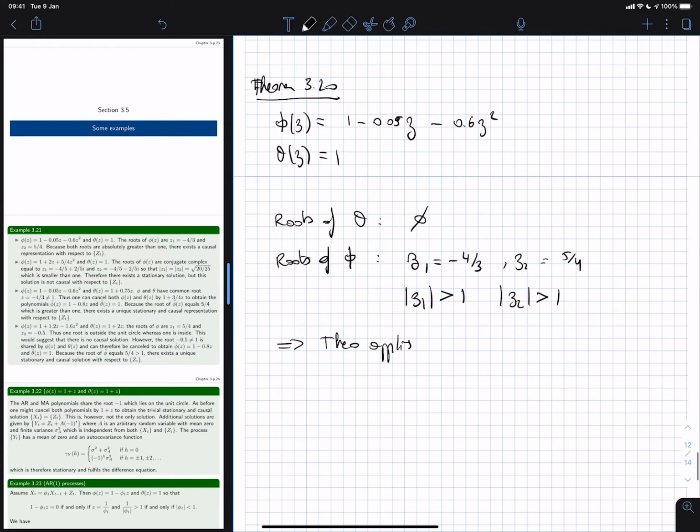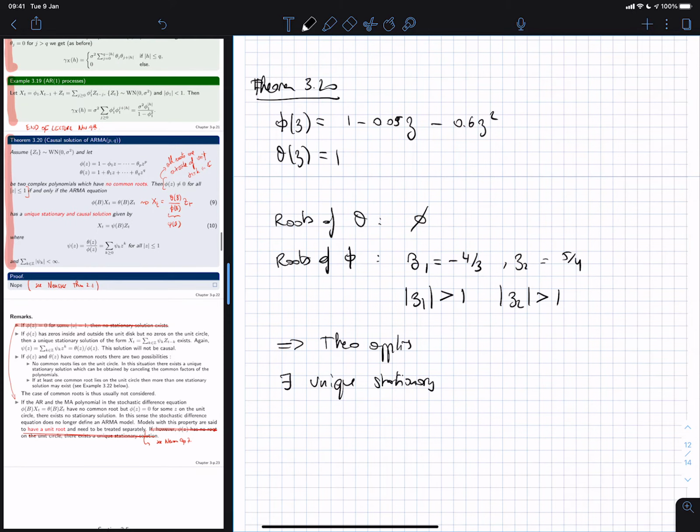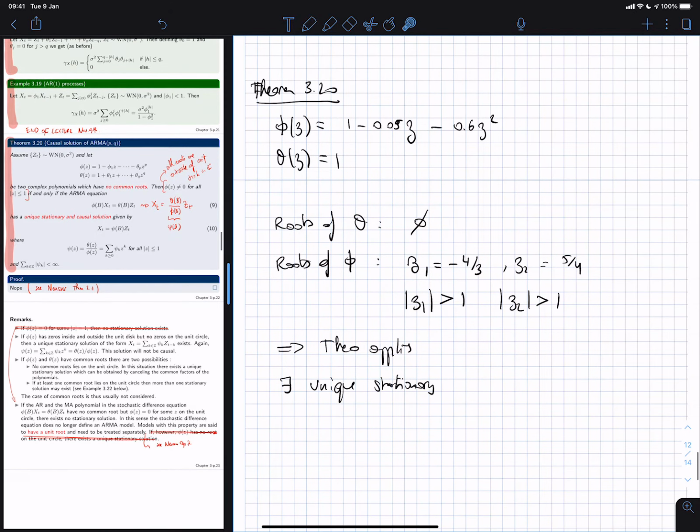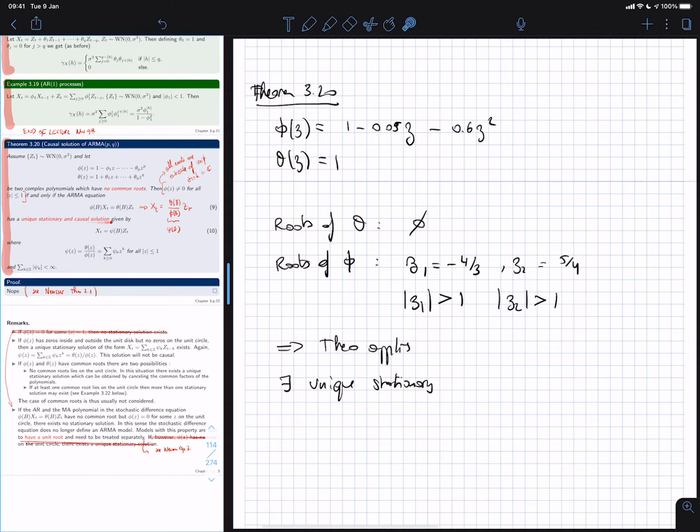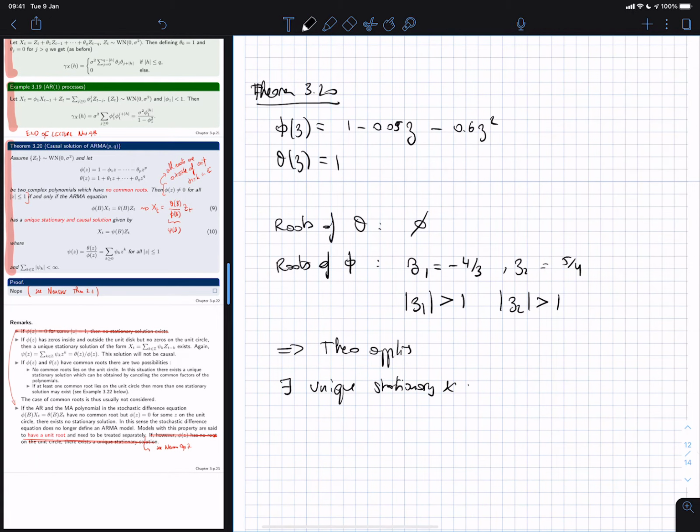The theorem applies. You have no common roots between this and this. Both roots are outside of 1. So there exists a unique stationary and causal solution, given by what?